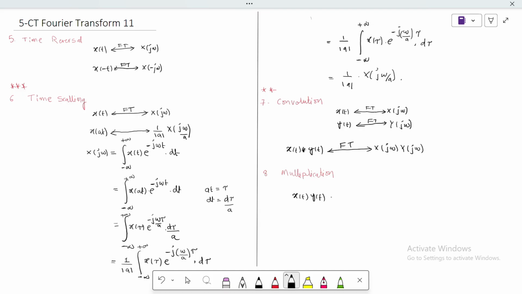The Fourier transform of the product equals X(jω) convolved with Y(jω), which is written as the convolution integral of X(jθ) into Y(j(ω − θ)) dθ from minus infinity to plus infinity. This is the convolution formula.